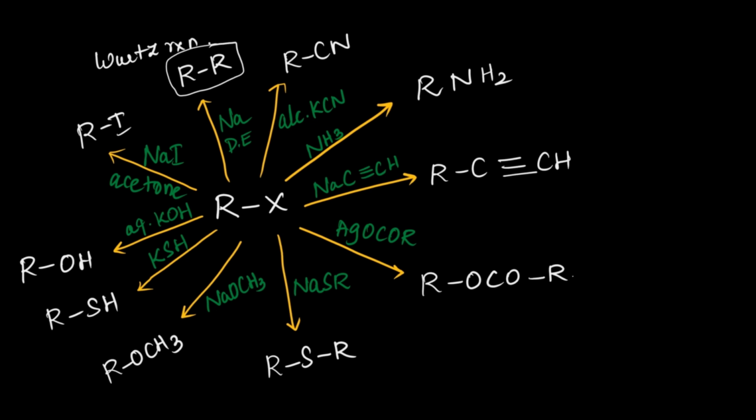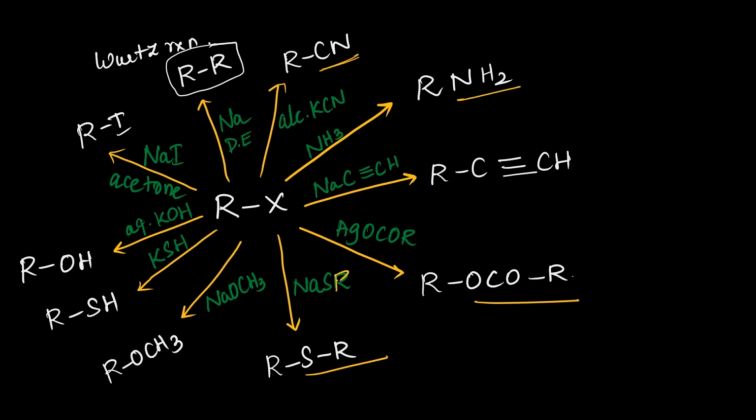And with alcoholic potassium cyanide, it gives the substitution reaction forming RCN, ammonia gives us amine, and with sodium acetylide, the acetylene part, C triple bond CH, gets replaced, with silver salt, OCOR, and sodium alkyl thiolate, it produces RSR.